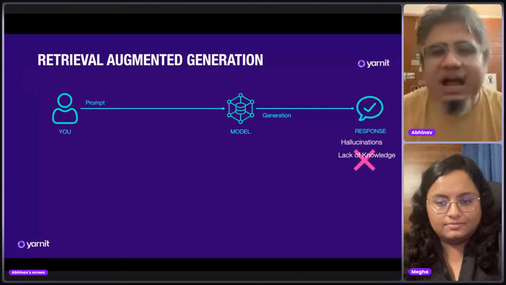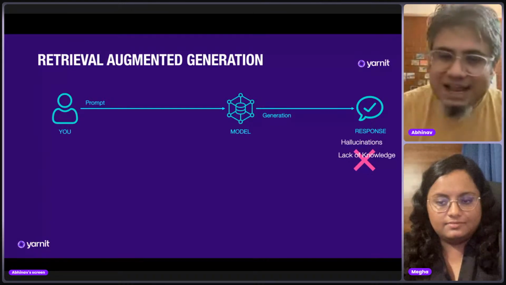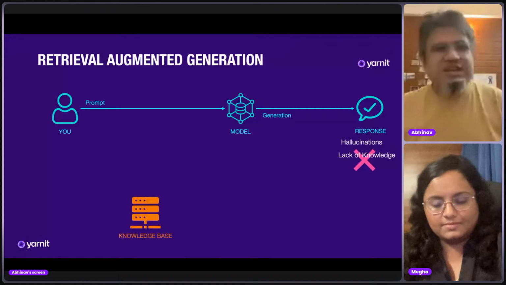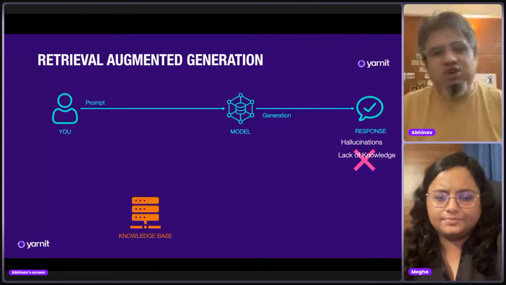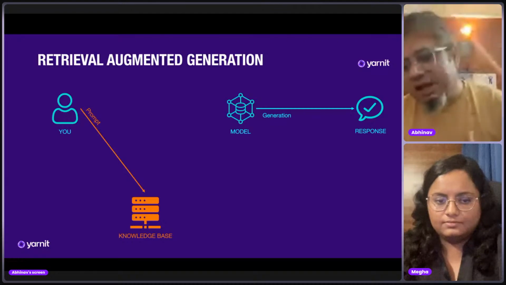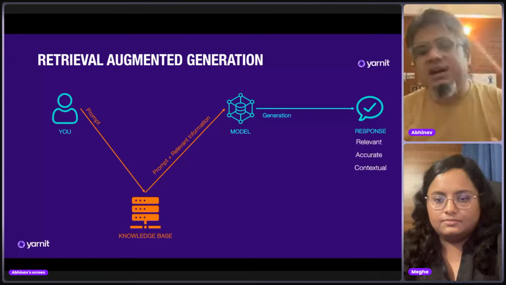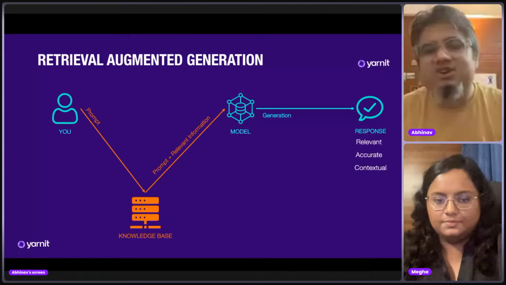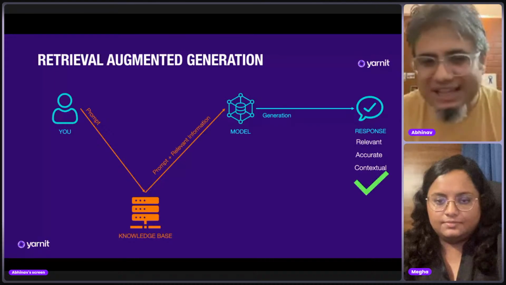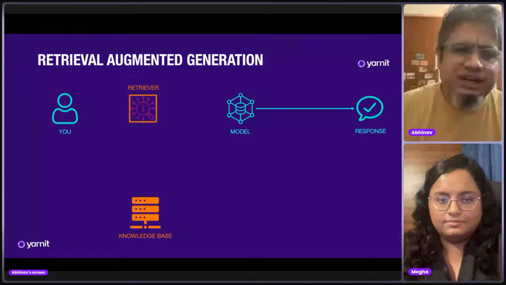But what we saw in the demo is that if there is information that we curate in a knowledge base, and somehow we can fetch the information from this knowledge base and provide it to the model, it will then generate a response that is relevant, accurate, contextual, and works for us. Turns out that to do all this, you need a component called a retriever.